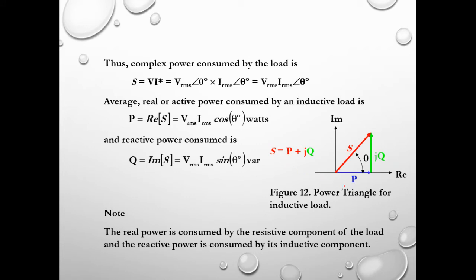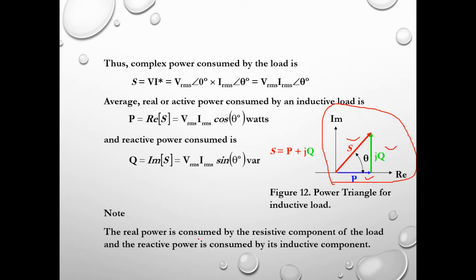This is how we plot the power triangle for the inductive load: P is VRMS IRMS cos theta, Q is the green one, VRMS IRMS sin theta, as well as S.